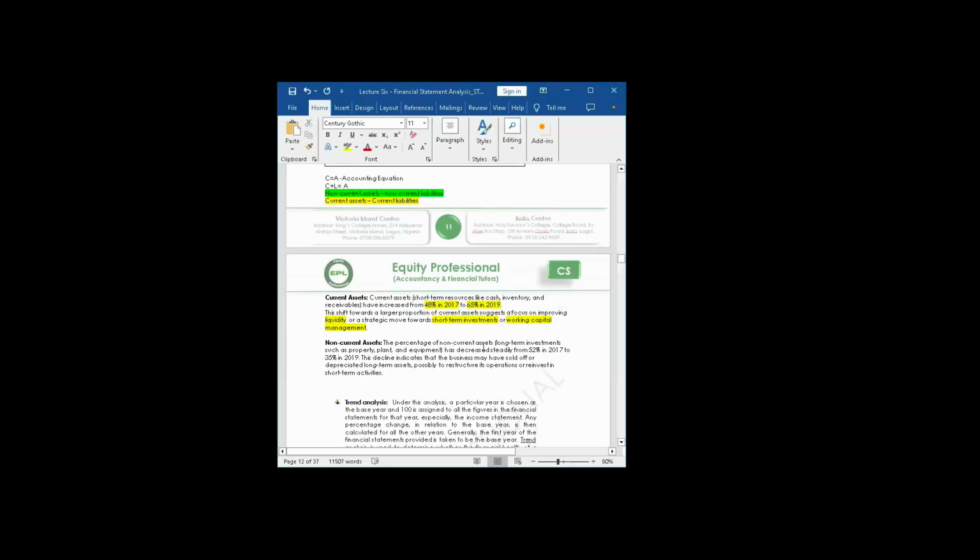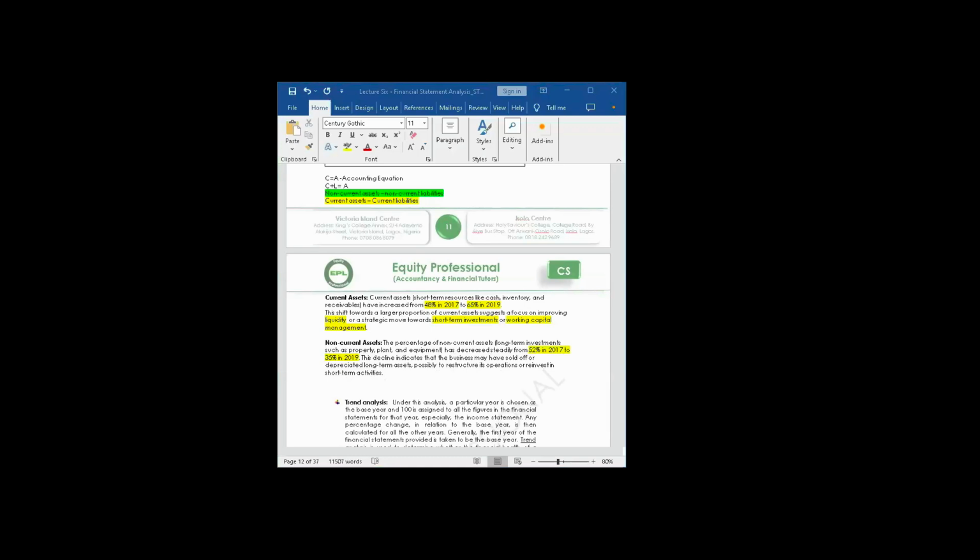The percentage of non-current assets has decreased steadily, from 52% in 2017 to 35% in 2019. This decline indicates that the business may have sold off or depreciated long-term assets, possibly to restructure its operations or reinvest in short-term activities.